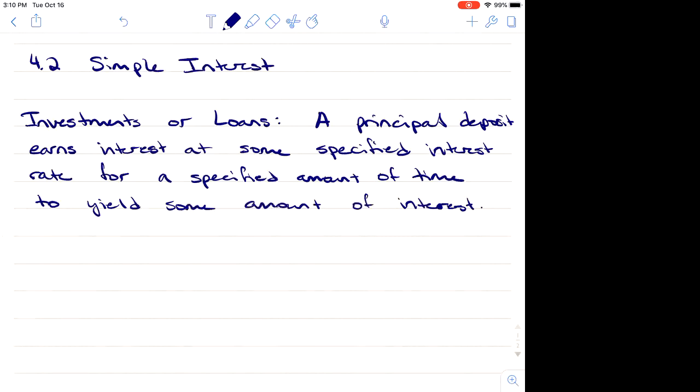Okay. So we're talking about a principal deposit, an interest rate, some amount of time, and then some amount of interest. Right, so let's develop some notation for that.